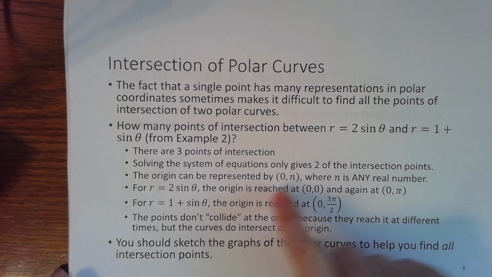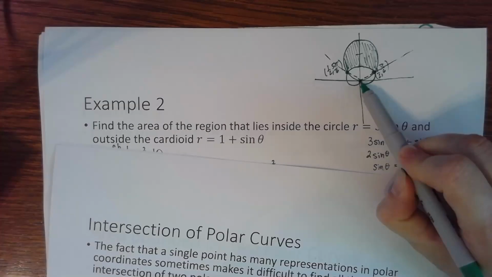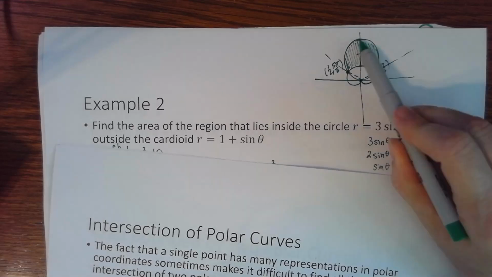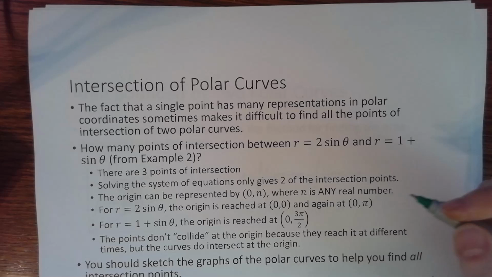When we look at the circle, when we draw it, we start here at 0 degrees and go around, and then it gets back here at 2 pi radians. And so we start at the point 0, 0, and then we go around and we reach it again, and that should have been 2 pi.